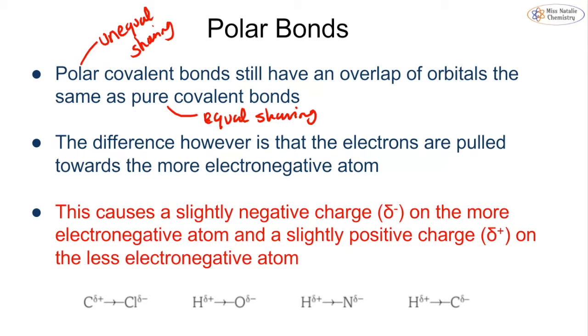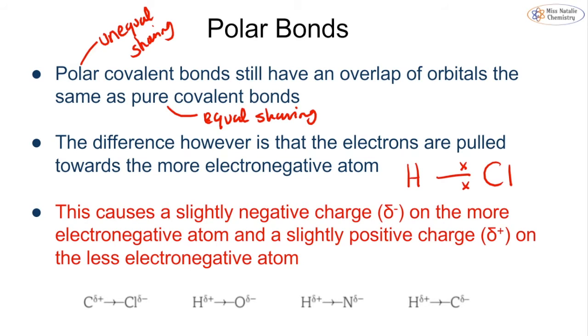So the electrons are always going to be pulled more towards the more electronegative atom. And what this actually does is it causes a slight difference in the charge. So if we have a pure covalent bond, the electrons are held perfectly in the centre. When we start to get this movement of electrons, if we go back to our hydrogen and our chlorine, we said that the chlorine was going to pull the electrons closer.